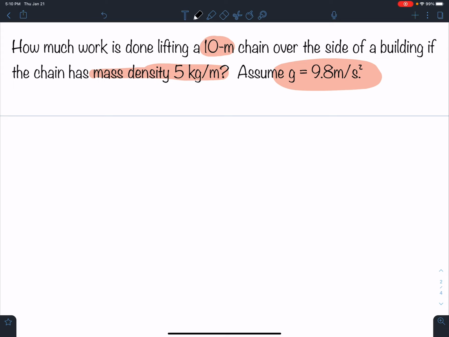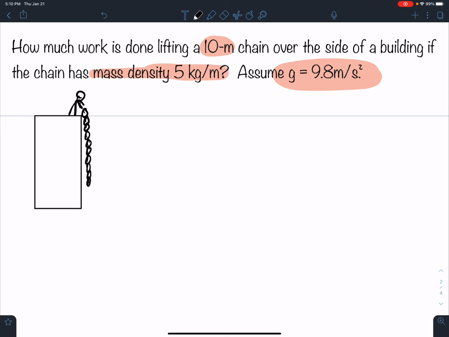Okay, so let's draw a picture to understand what's going on here. We've got a building, and some guys on top of this building are pulling up a chain. It's 10 meters long.